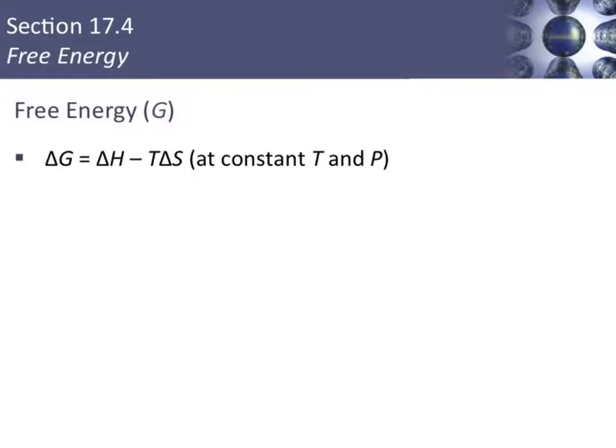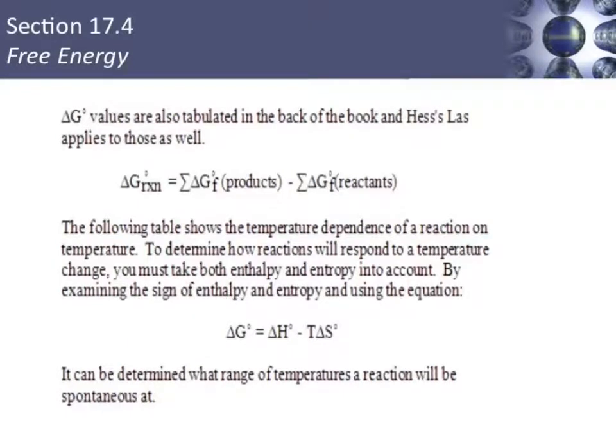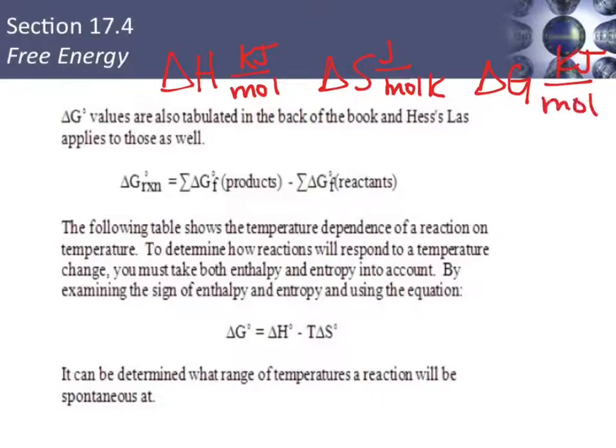Here is our equation. At the back of the book, in your notes, or in the thermodynamic tables that I have posted, you have delta H in kilojoules per mole, delta S in joules per mole K, and delta G in kilojoules per mole.